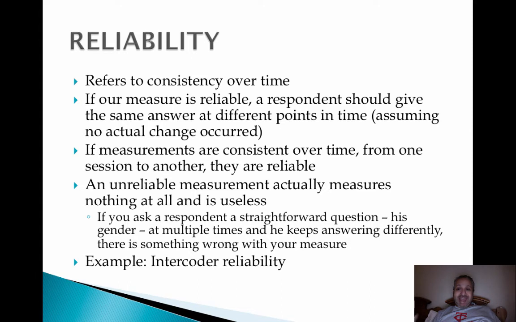My coders answered when I asked them the question, is this article more loyal to the government or to the opposition? They both answered the same way on this particular article. And then on the next article, they answered the same way again. So now when I ask this question about loyalty, they are agreeing.